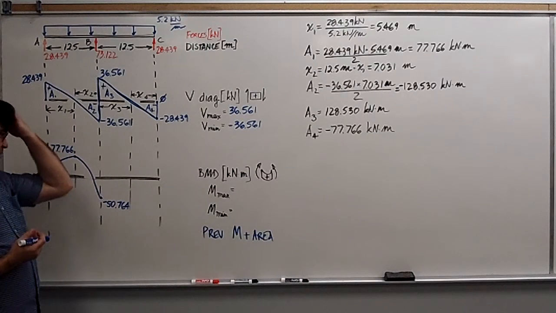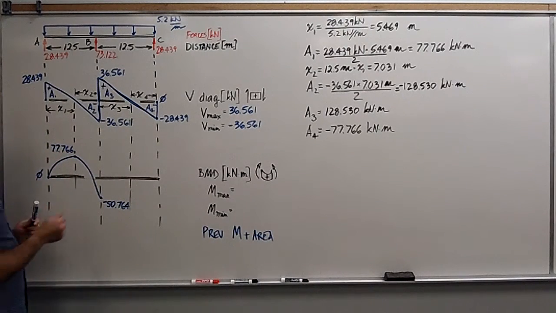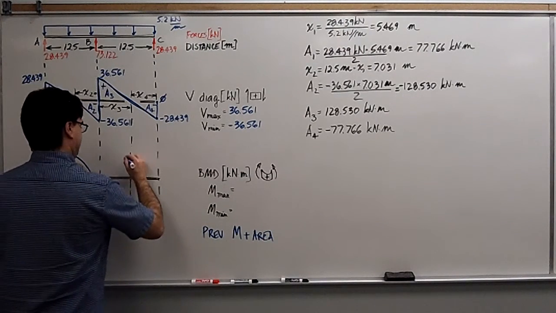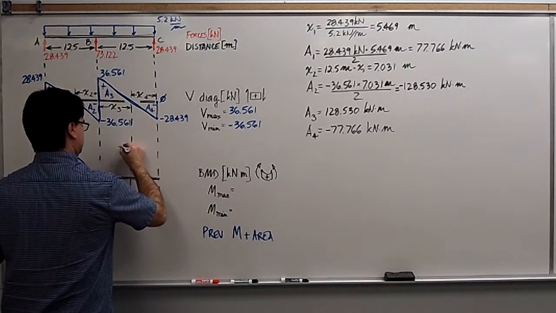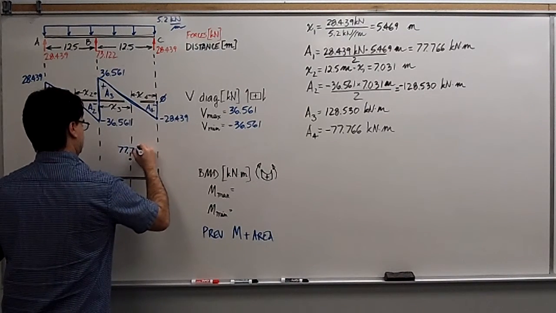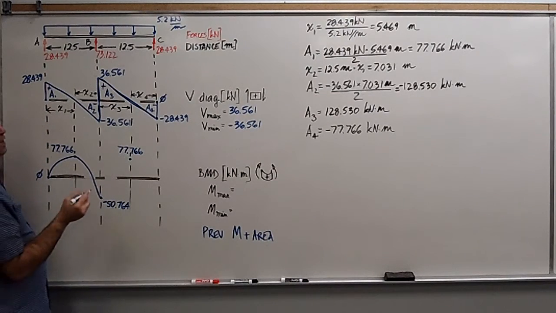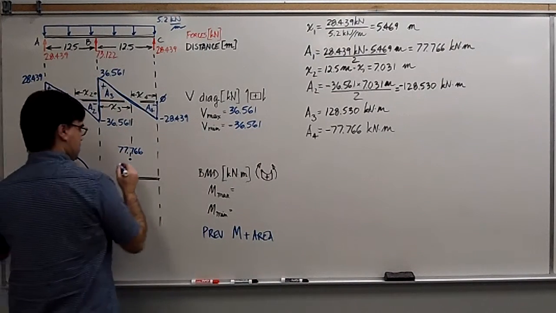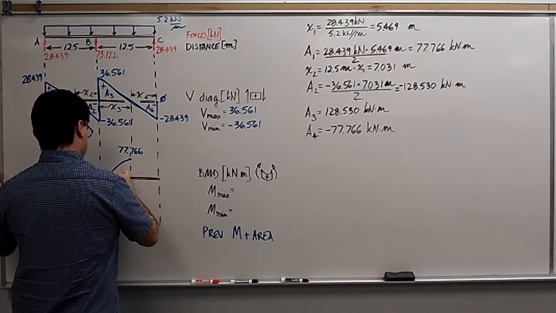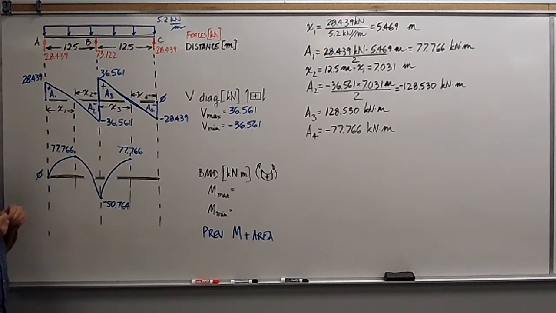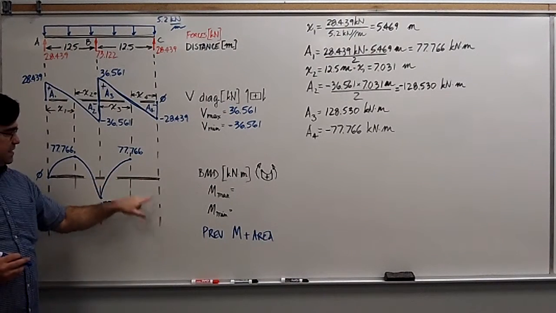Because this is symmetrical, so it should come out to be the same value, assuming we did things correctly. How do I connect these 2 points? With another frown, because the slope is going down from my shear. Okay. Another frown.